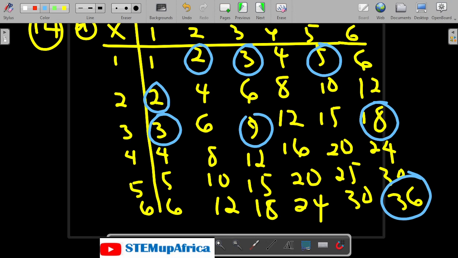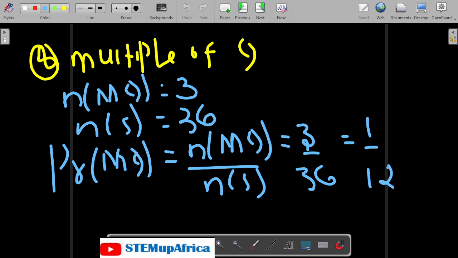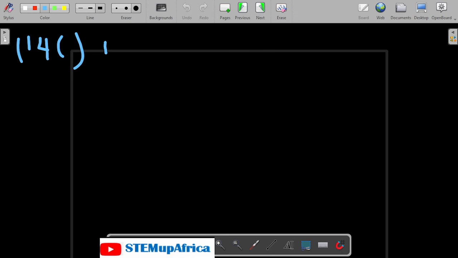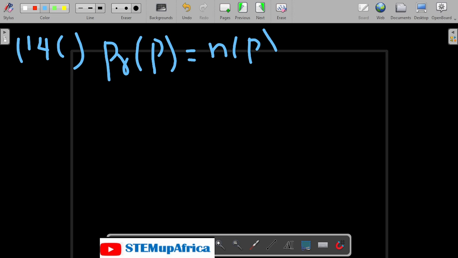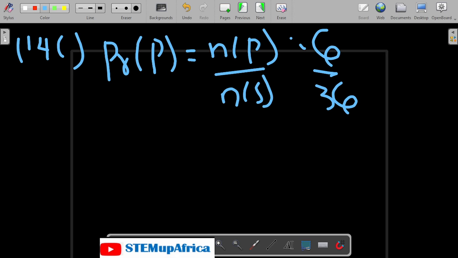So we have 5. Then 6. So we have 6 over 36. So the probability is the number over the sample space, which is 6 over 36. The answer is 1 over 6.